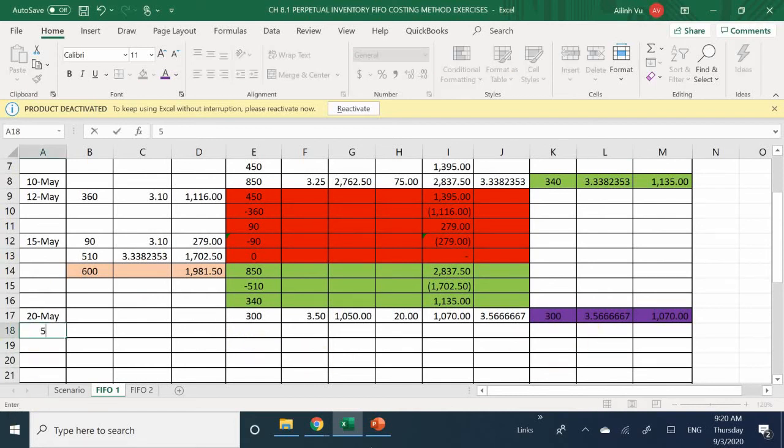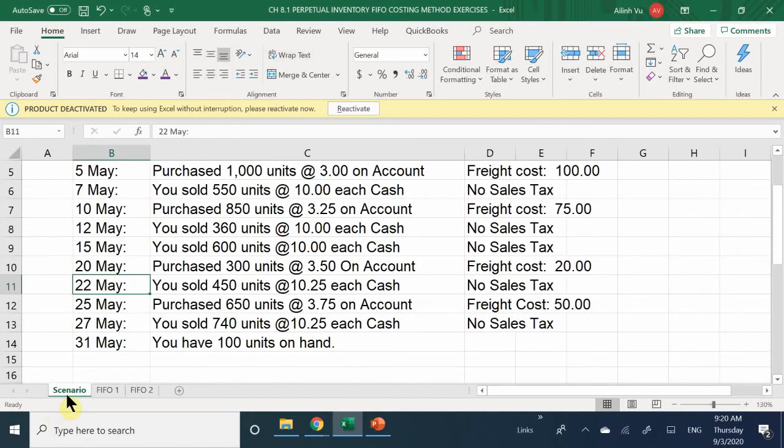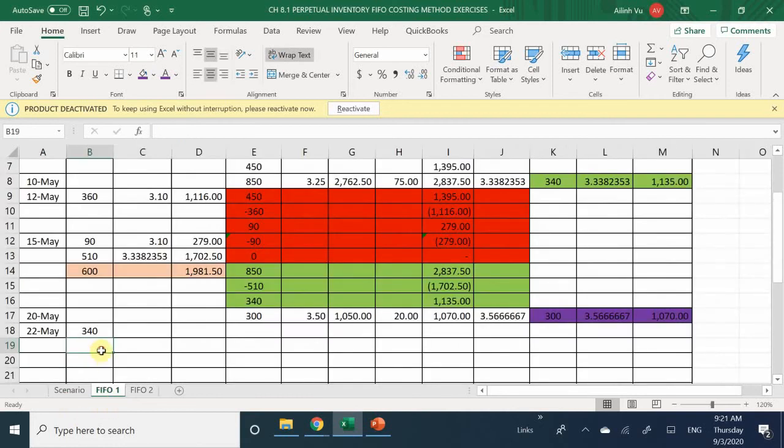So on May 22nd, we have 340 and our total needs to get to, how many did we sell? We sold 450. So here, I'm going to go ahead and do my calculation.